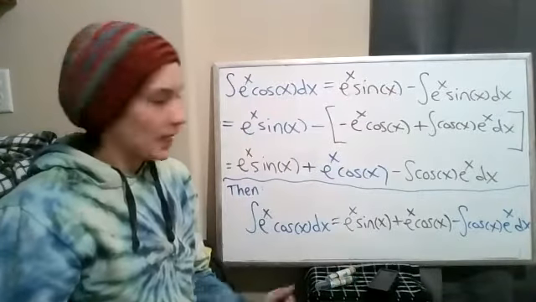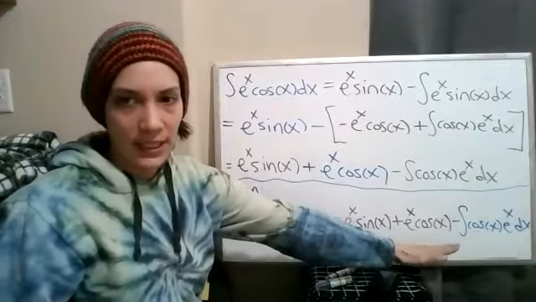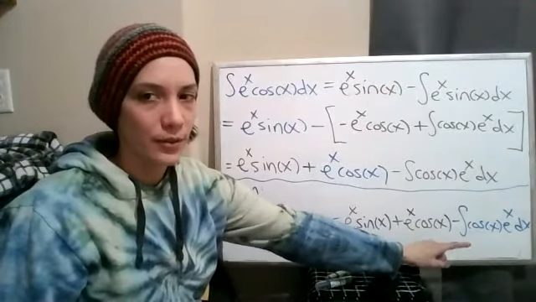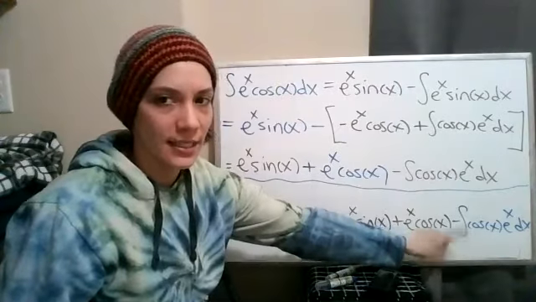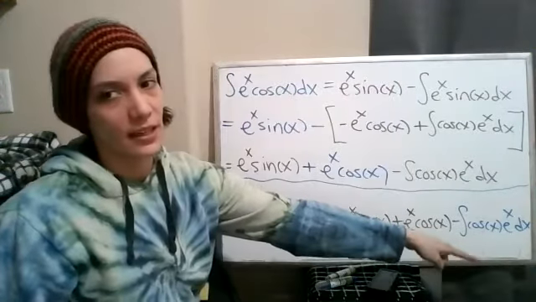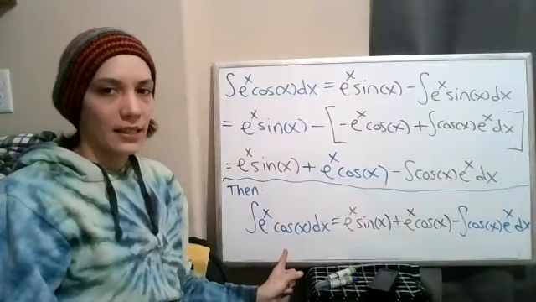So what we will do is leave this integral how it is and add the integral to both sides. So I'm going to add the integral of cosine x e to the x dx on here and here.